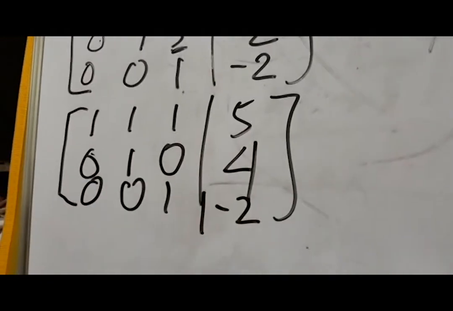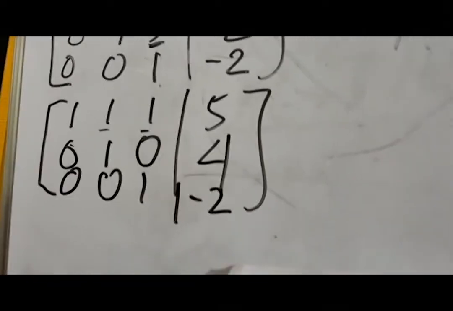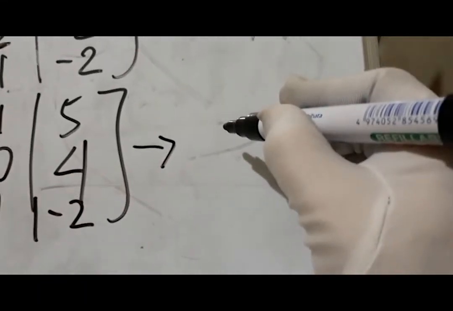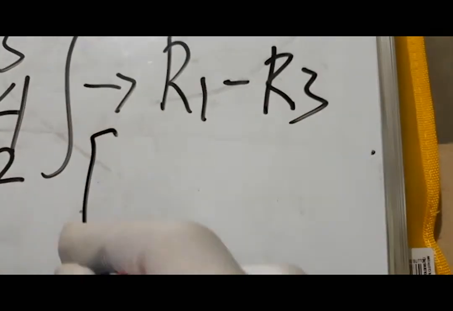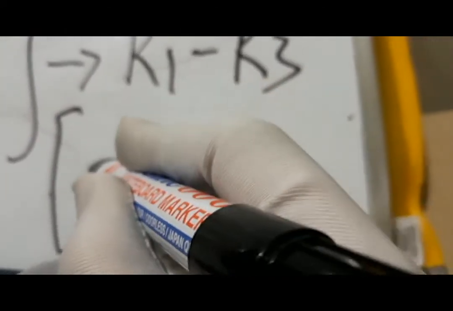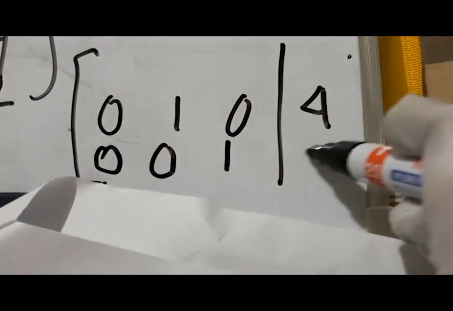So as you can see now, what we need to reduce is this 2 here. So what we are going to do is use this row operation, R1 minus R3. So in this case, since this 2 here is not affected, we just rewrite this as 0, 1, 0, 4, and then 0, 0, 1, negative 2.